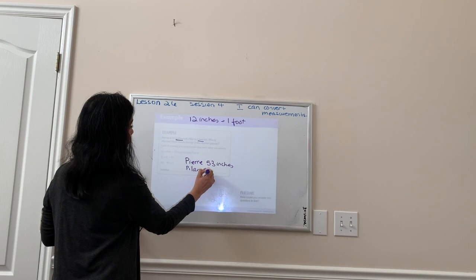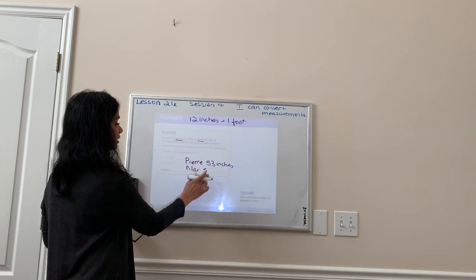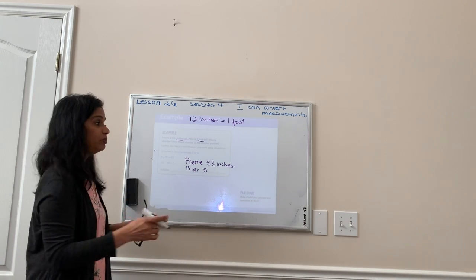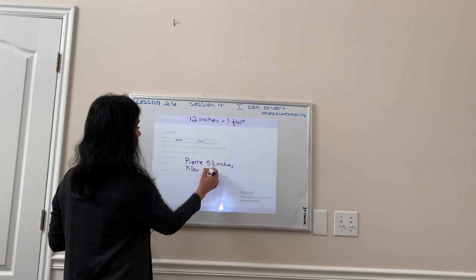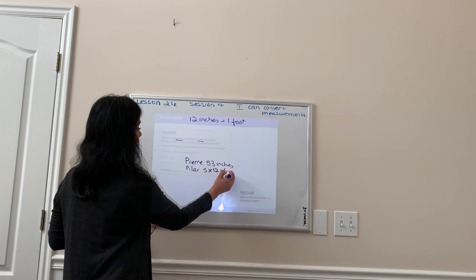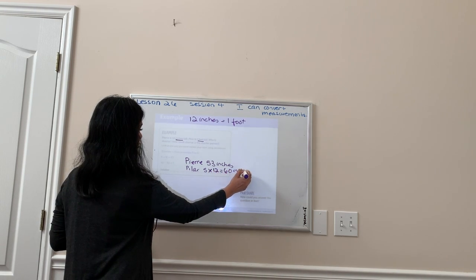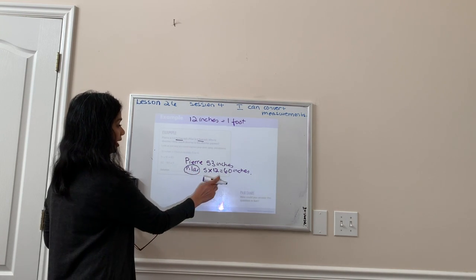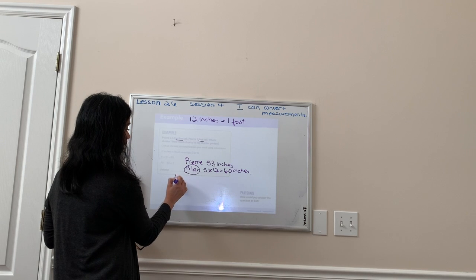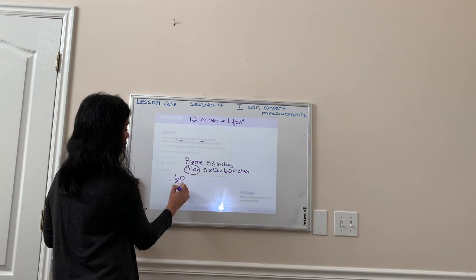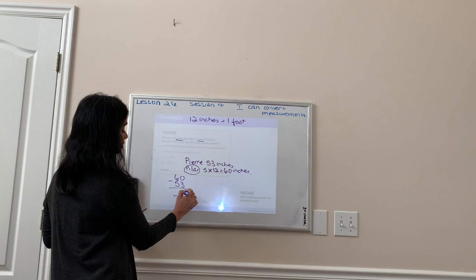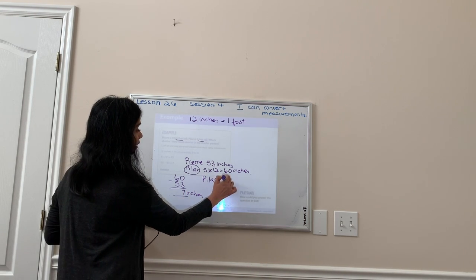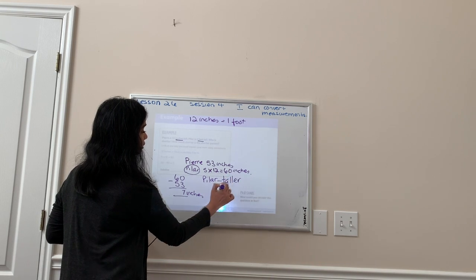He's 5 feet, but we're going from feet to inches, and feet is a bigger unit, inches is a smaller unit, so we multiply. So we go from 5 times 12, 60 inches. So who's taller? We know that Pilar is taller, and he's taller by 60 minus 53, which gives me 7. So Pilar is taller by 7 inches.